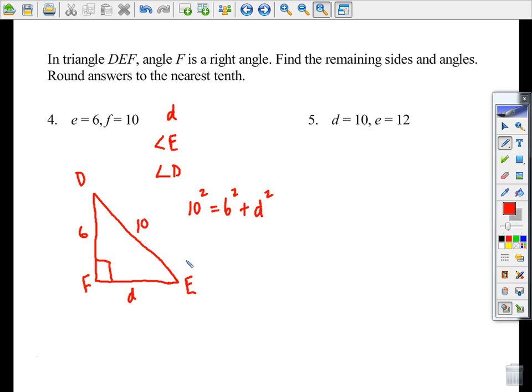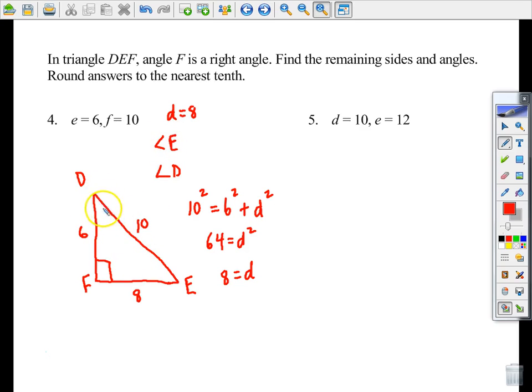I'm going to subtract 6 squared from both sides: 10 squared minus 6 squared is 64. Then I'm going to take the square root of both sides to get side D, which is 8. There's one of my answers. To give me something to look at, I'll show that this side is now equal to 8.